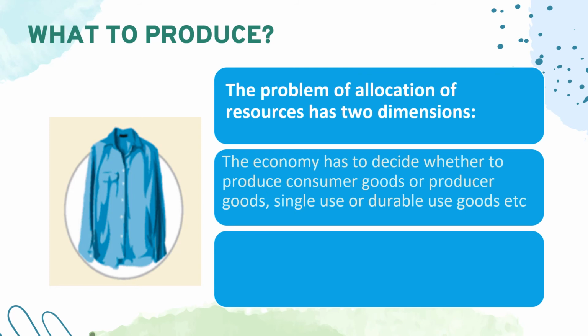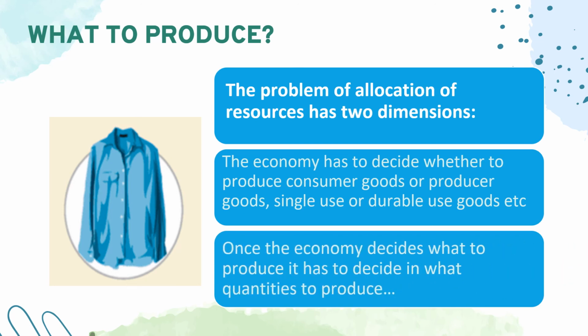So basically here we are deciding what good we are to produce. Secondly, once the economy decides what to produce, it has to decide in what quantities to produce. Whether to produce, for example, more luxury goods or whether to produce more of necessity goods. Here in the example, we see the good that we have taken or chosen to produce is a shirt.